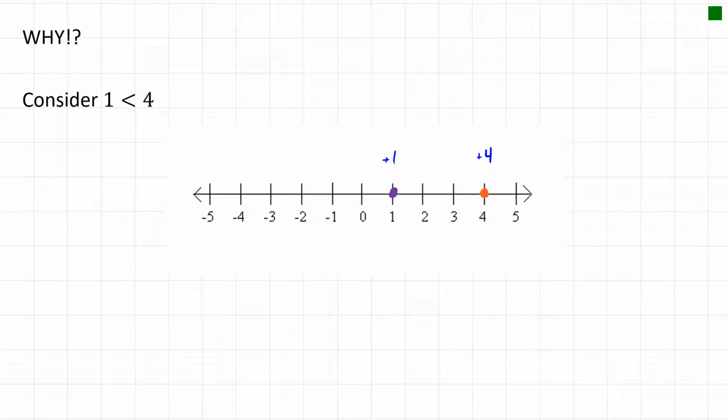But what happens if we divide each of these numbers by -1? What if I take 1 and divide it by -1, and I take 4 and I divide it by -1? Well, then they become -1 and -4. And they flip over to the other side of 0.